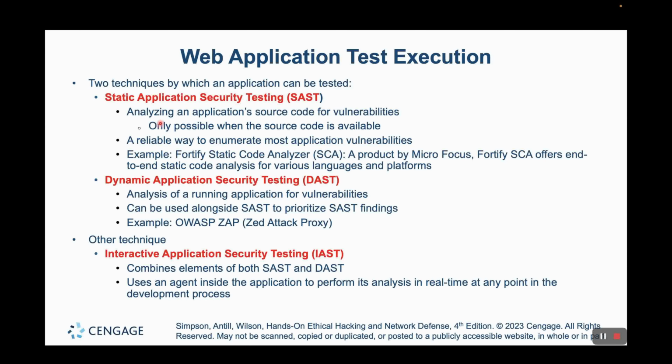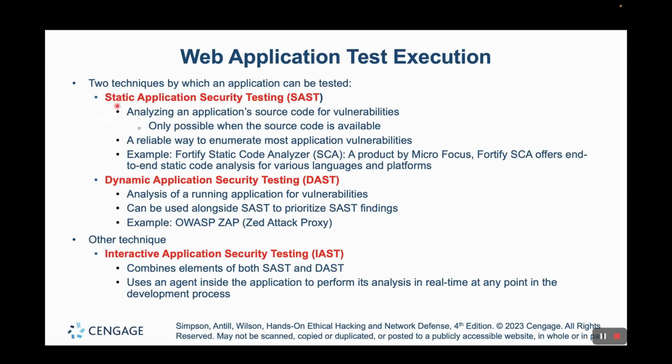Now, here we have another very important topic, web application test execution. There are two techniques here: the first one is static application security testing, and the dynamic one, and there is also interactive application security testing. Let's look at each of them and try to understand the difference.